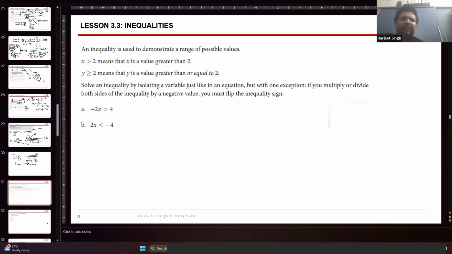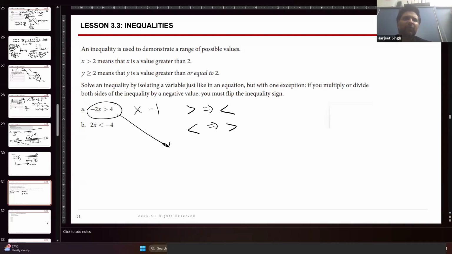I've already explained this. Just one thing here is that suppose you have an inequality like this, minus 2x greater than 4. Now, if I want to remove this negative term, whenever I multiply any inequality by minus 1 or any negative number, the signs will flip, which means greater will become less than, or less than will become greater than.